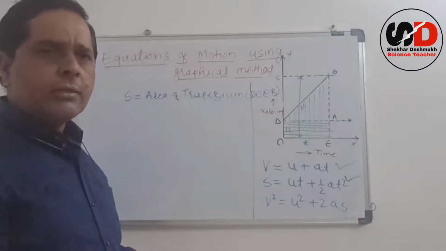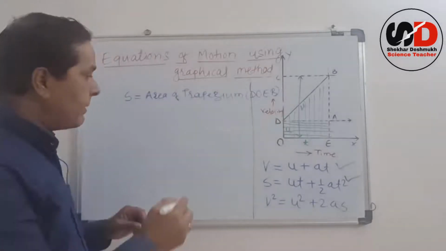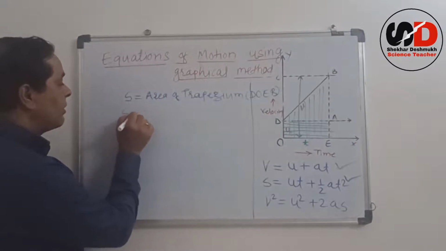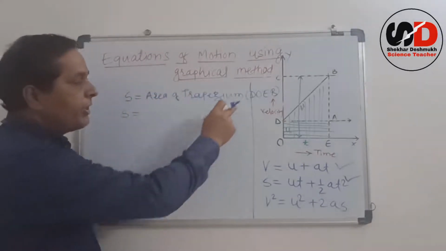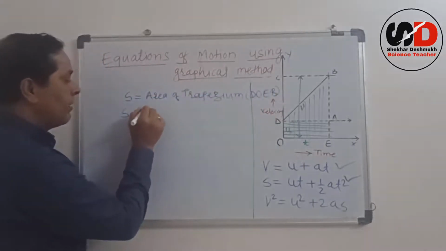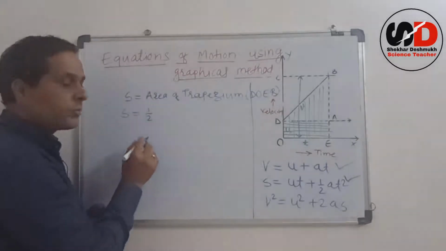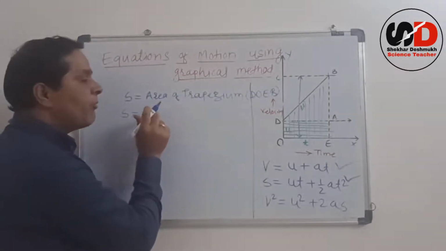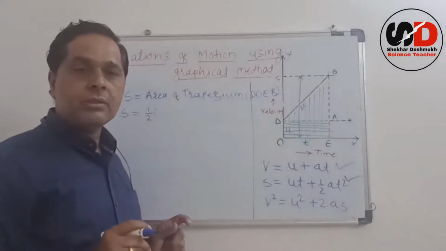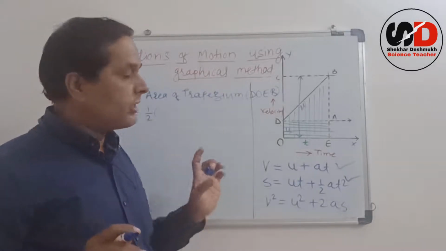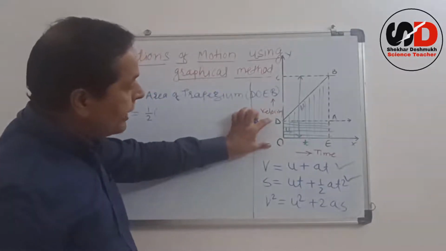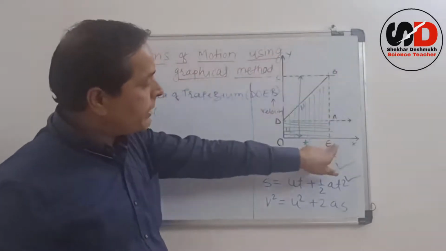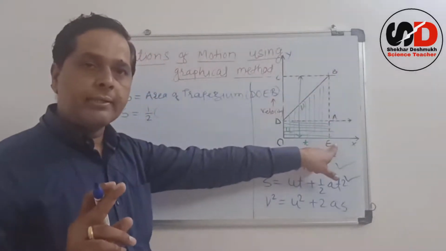So calculate it. What is the formula for area of trapezium? So S is equal to area of trapezium DOEB, it is nothing but 1 upon 2 into sum of parallel sides. Which are the parallel sides here? OD and BE. These two are parallel sides.